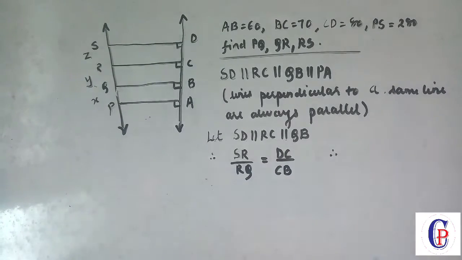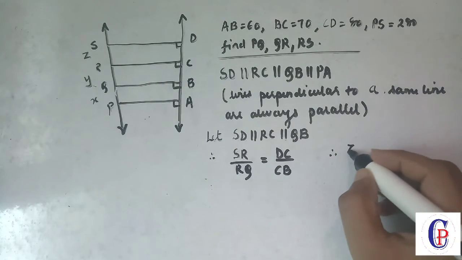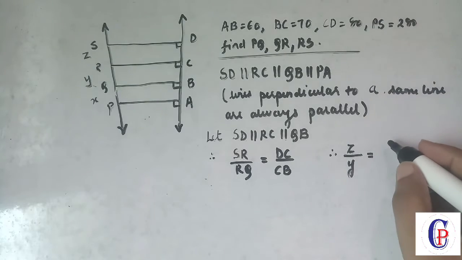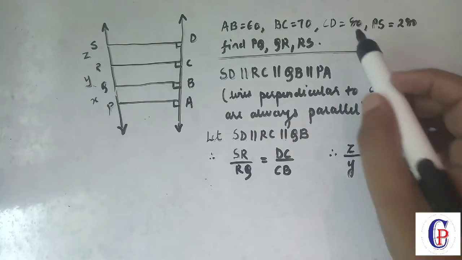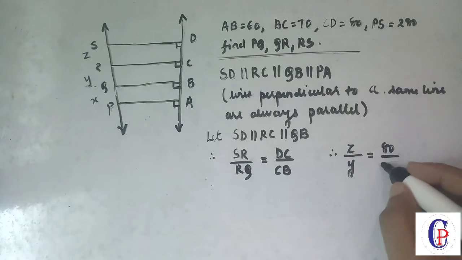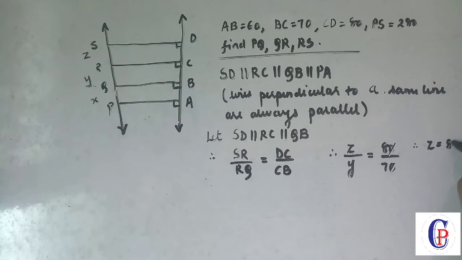Let us substitute the values: SR is Z, RQ is Y, DC means CD, it is already given 80, and BC is 70. So the 0 cancels, and we get Z is equal to 8Y. This is one piece of information that we have.